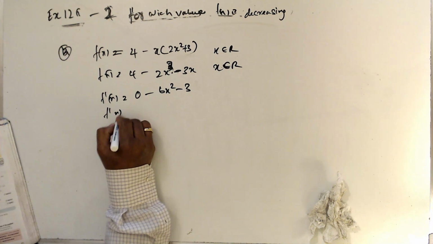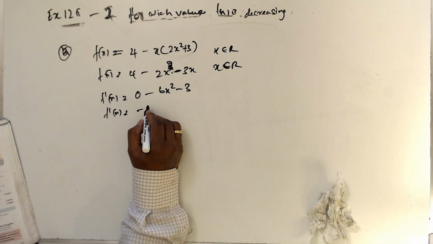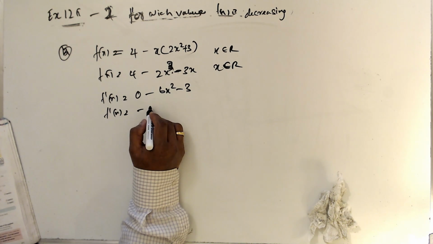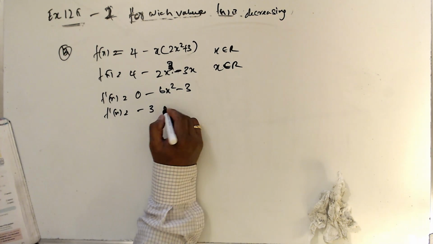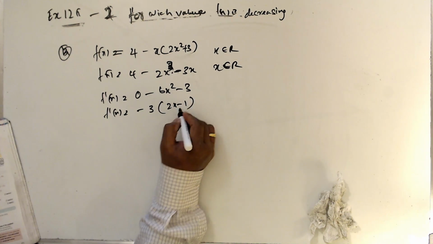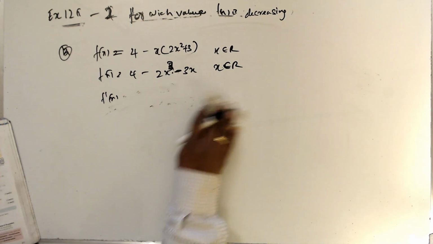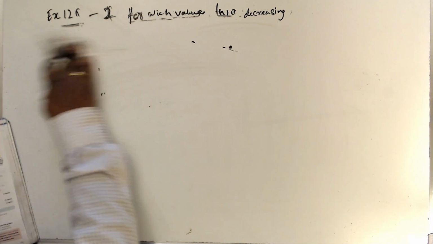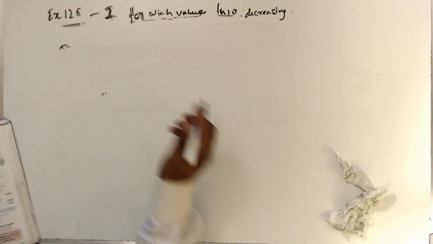So f dash x equals, if I take minus 3 out, this is going to be 2x minus 1. I think I'm working the wrong sum. It has to be in this one, h.